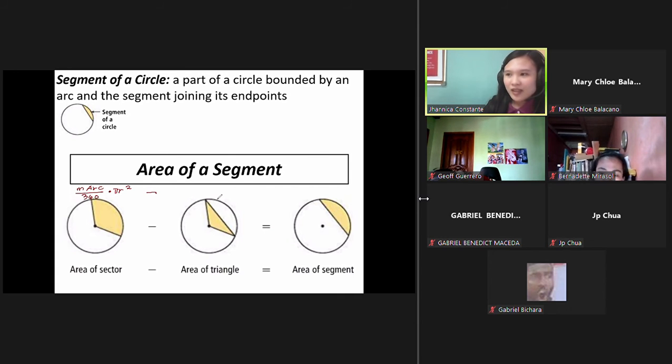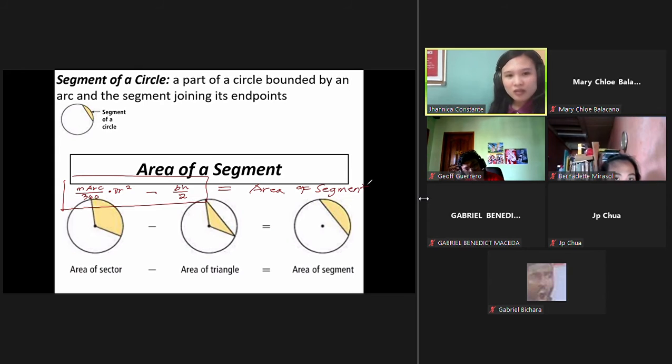While the area of triangle, we have the formula, which is base times height divided by 2. So that is the formula that we are going to use to find the area of segment. So area of sector minus the area of triangle is equal to the area of the segment in the circle that we have.